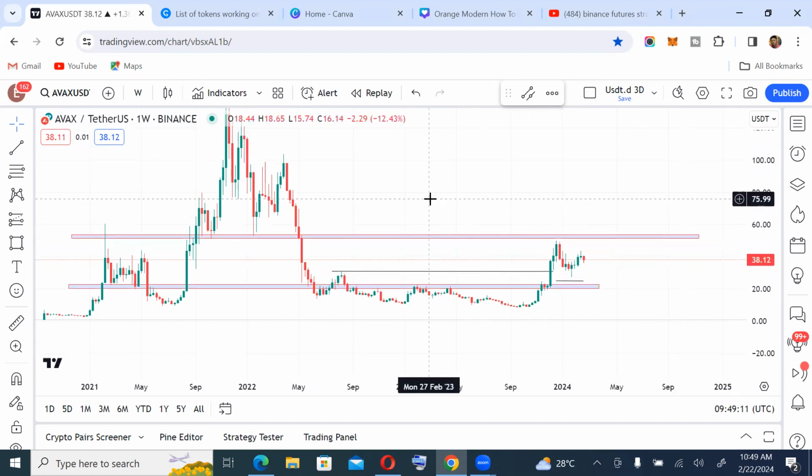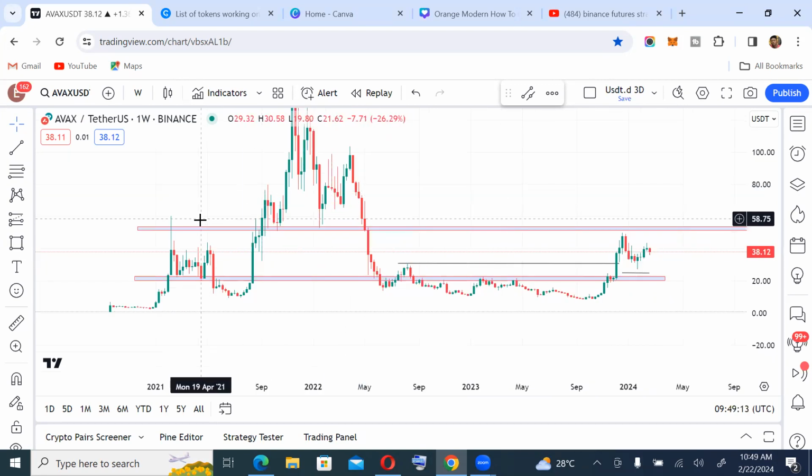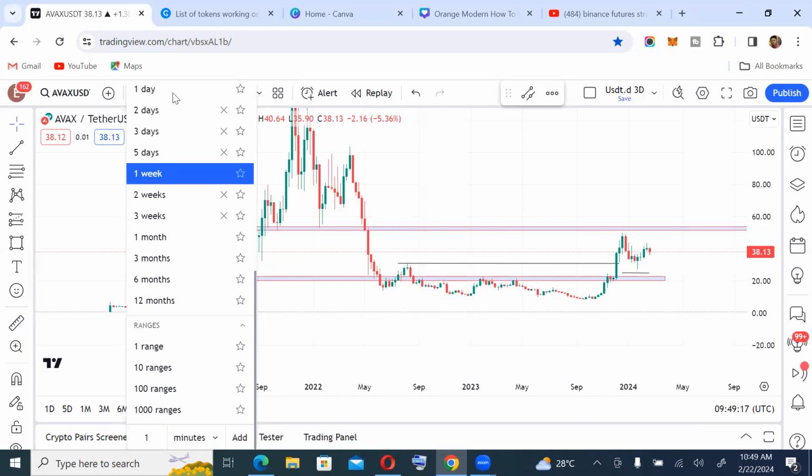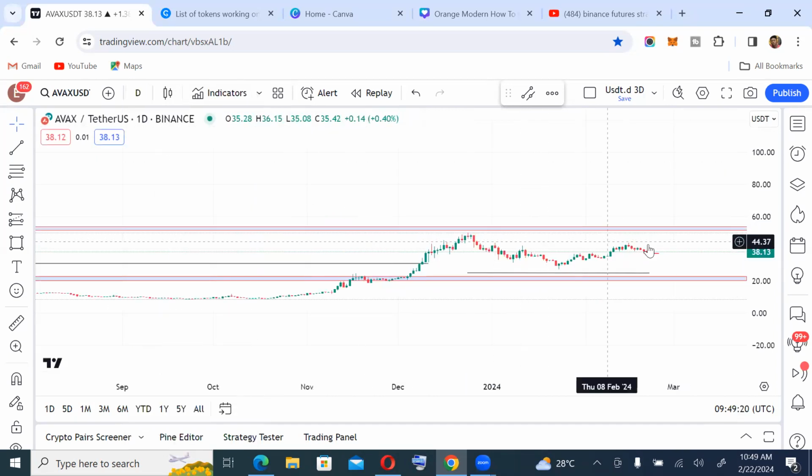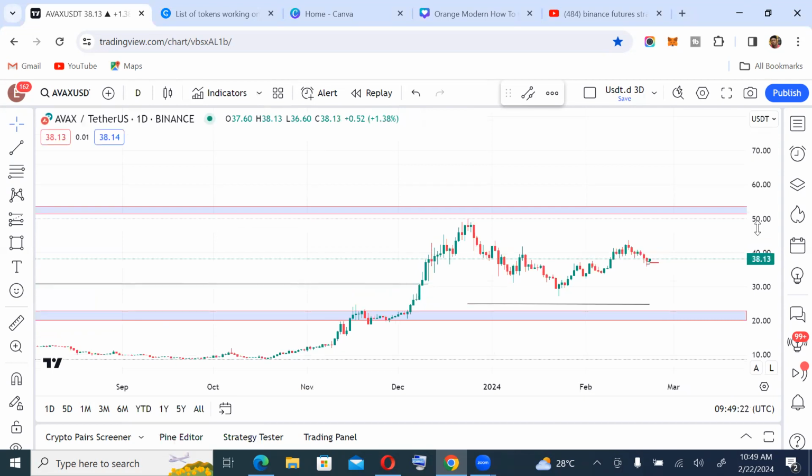After plotting your support and resistance, which are your key levels on the weekly time frame, we come down to the daily time frame to identify current market trends.